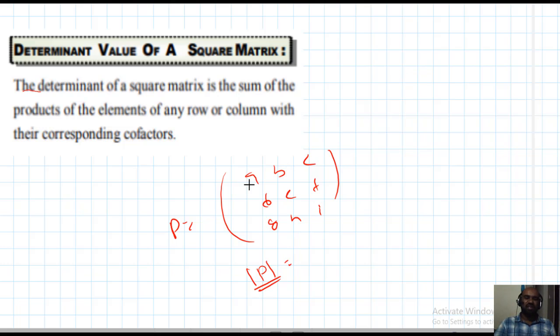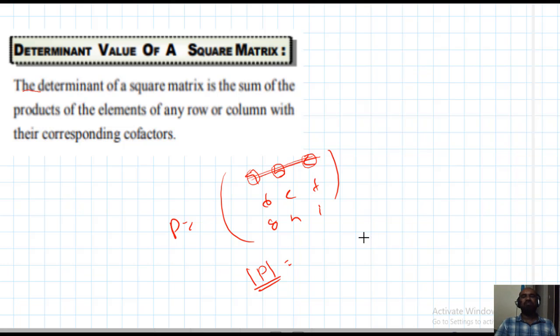Take any row or any column, your wish. For example, I take this row: A into its cofactor plus B into its cofactor plus C into its cofactor gives the determinant of that matrix.